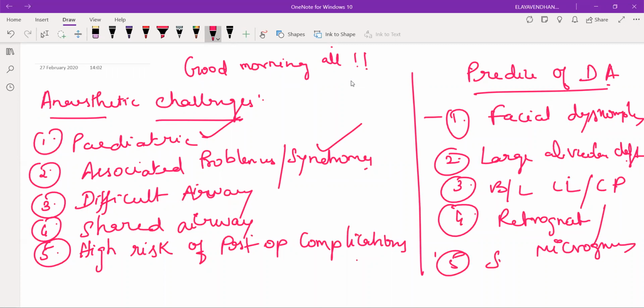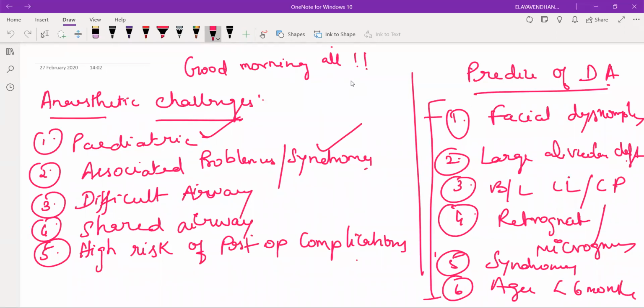When they are associated with syndromes like Pierre Robin or Treacher Collins. And lastly, age less than 6 months. All right, so these are the predictors of difficult airway in a patient with cleft lip or cleft palate, and you have to look for these predictors. If these things are present, you have to prepare for your airway management adequately. Got the point? Yes, sir. So these are the predictors of difficult mask ventilation as well as difficult intubation.